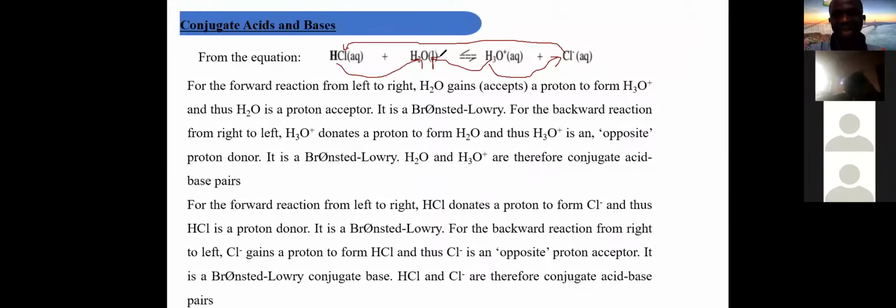Water and H3O plus, the hydronium ion, then become what we call the conjugate acid-base pair, where the hydronium ion is a conjugate acid because that's the proton donor. Normally, that's what we write first. We write H3O plus slash H2O. Water then becomes the base.